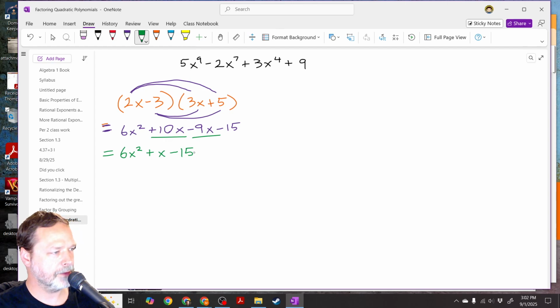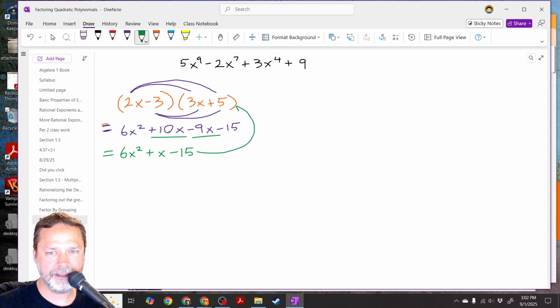But if I wanted to, I could factor it. I could rewrite this expression, 6x squared plus x minus 15, as a product right here with these two factors, 2x minus 3, 3x plus 5. And so our goal is to get there. Get to where, okay, how can I go backwards in this process? Instead of multiplying, divide them apart, break them up.